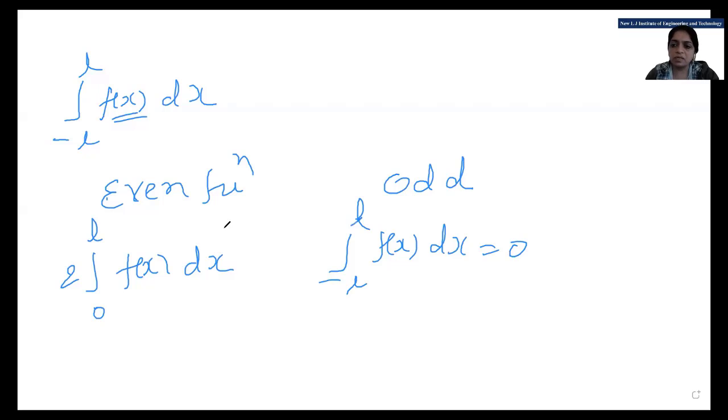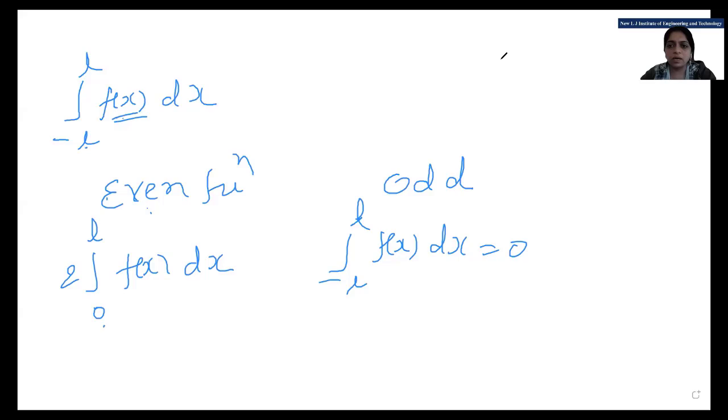Please remember, when our limits are minus L to L, L means any number. You can write minus pi to pi, minus 1 to 1, minus 2 to 2. If your function is even, write 2 times the integral from 0 to L f x dx. But if your function is odd, then your answer will be directly 0.